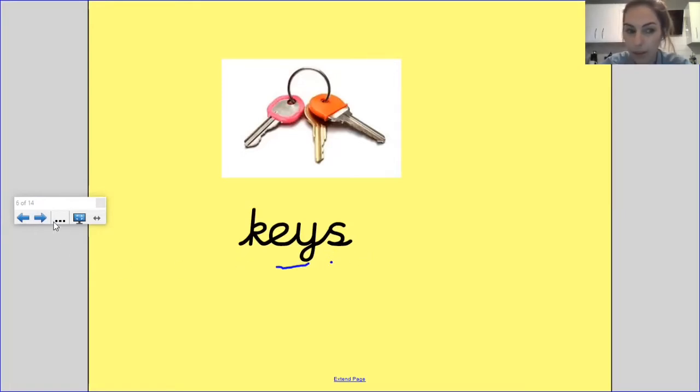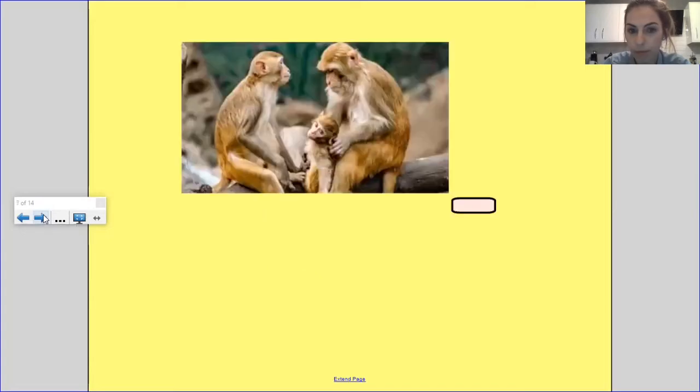Let's see if we can do another one then. Oh, monkeys. That's a nice picture, isn't it? Now remember, you might want to write the root word monkey first. You might want to write that noun on its own and then change it into the plural monkeys. Or you might just want to have a go at writing monkeys all together. Pause the video here if you want to have a go.